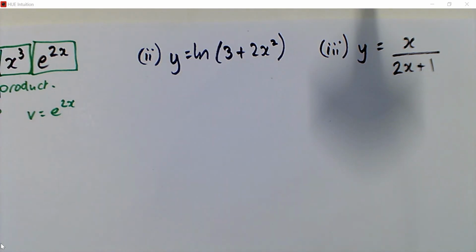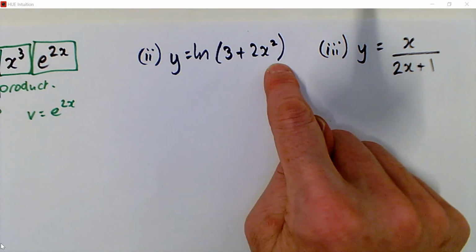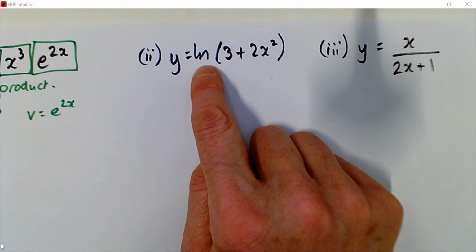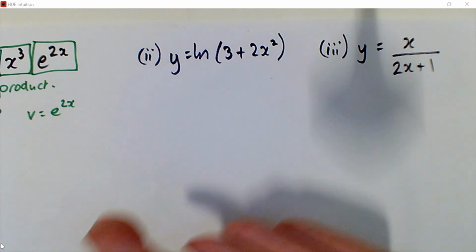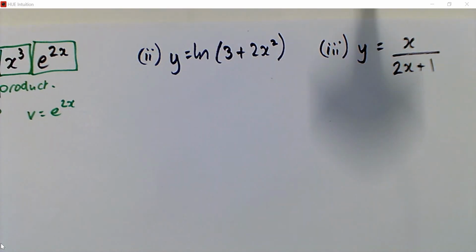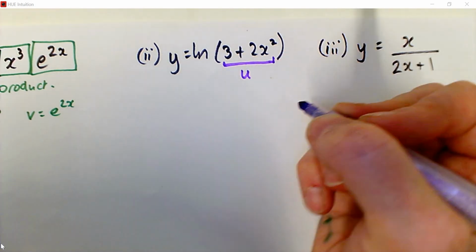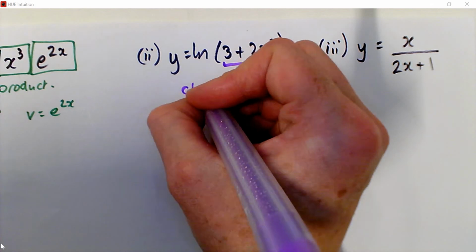Natural log on its own doesn't exist. It's natural log of something. So we have natural log of another function, a function in a function, composite functions. That has got to be the chain rule. So we would take this bit inside the brackets to be u.